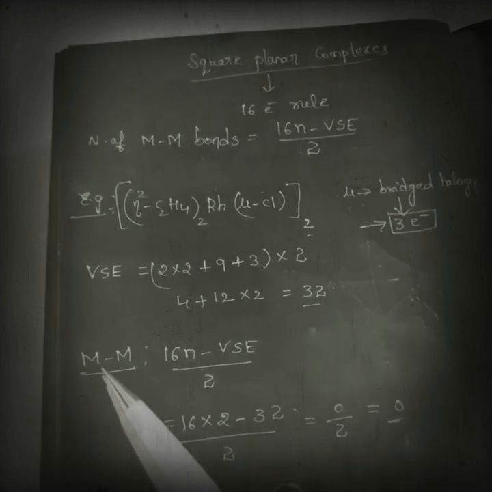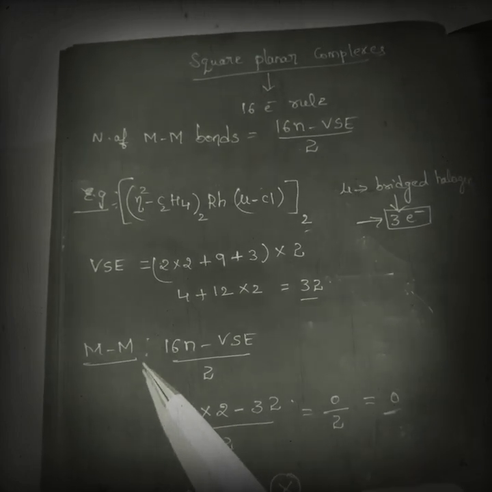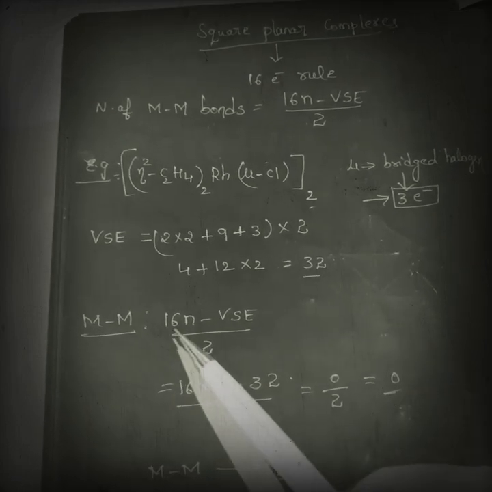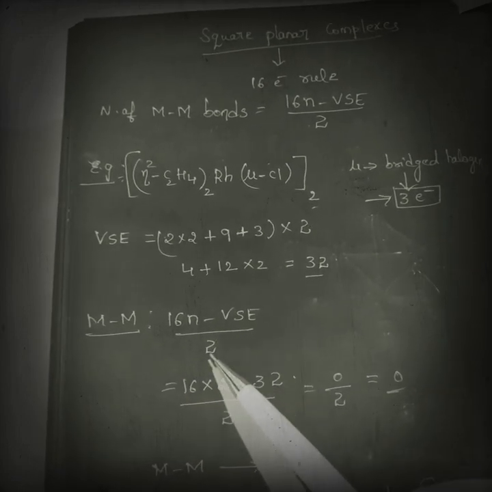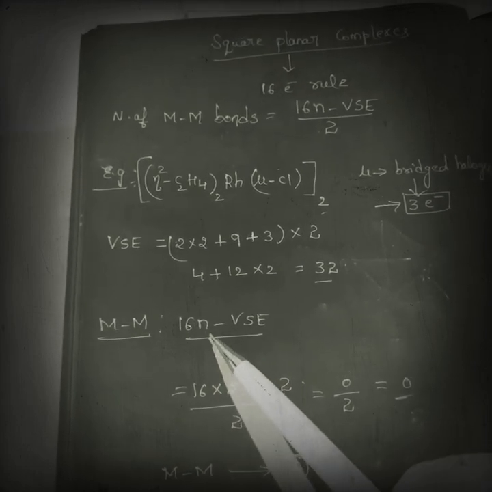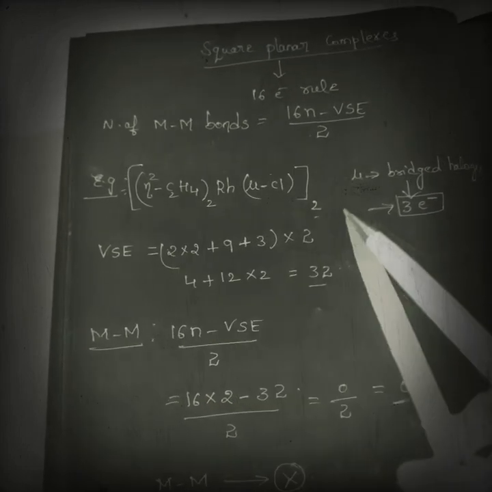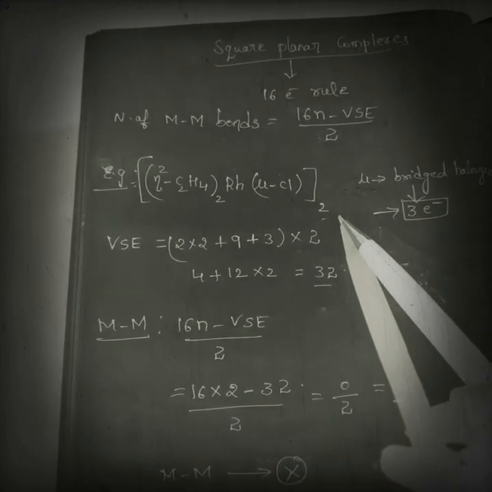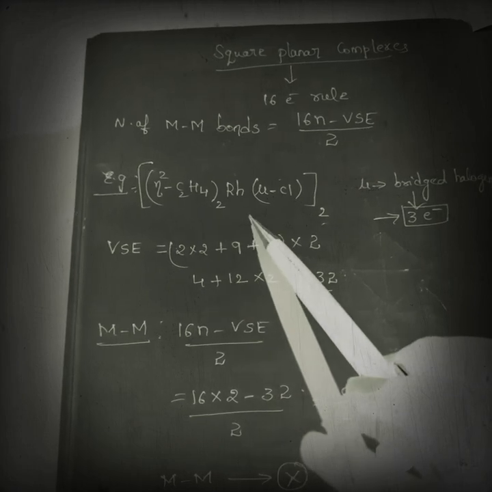Next we have to find metal bonds. See, this is our formula for square planar complexes: 16n minus valency shell electrons, by 2. Here also, friends, n means number of metals present in the cluster. So how many metals are present in this?